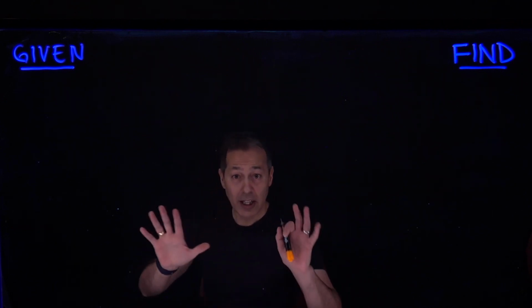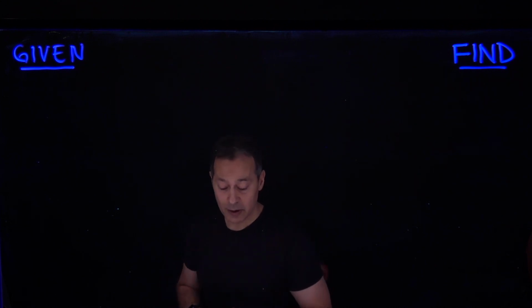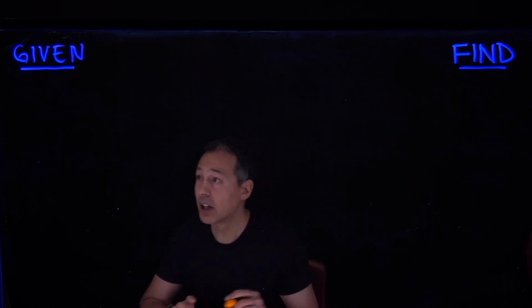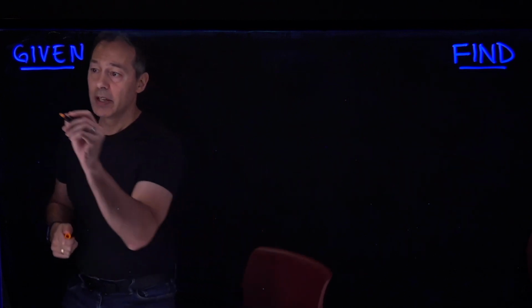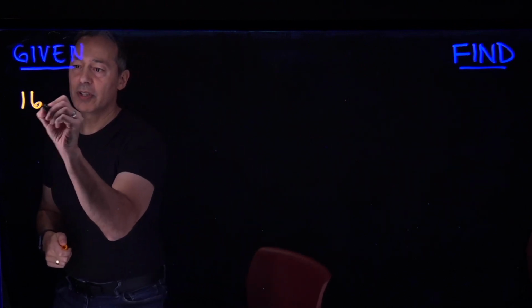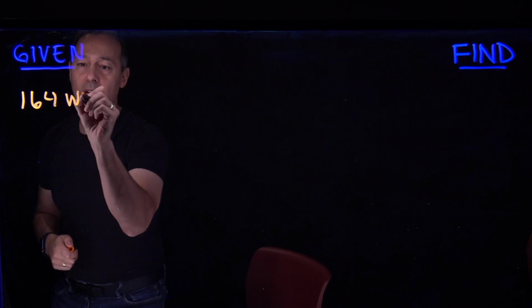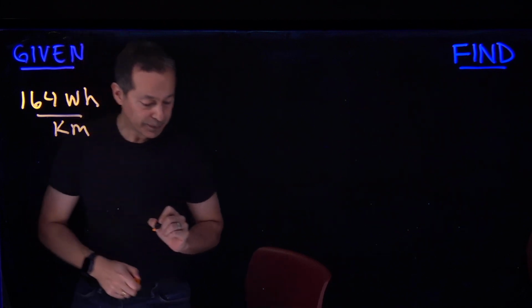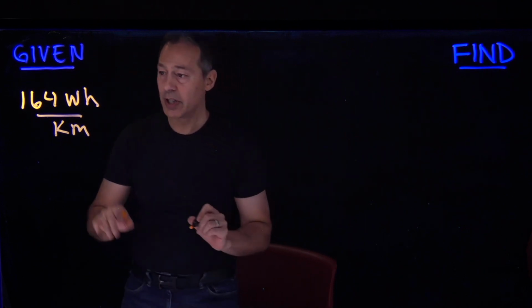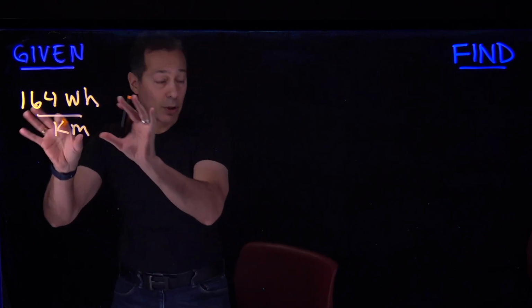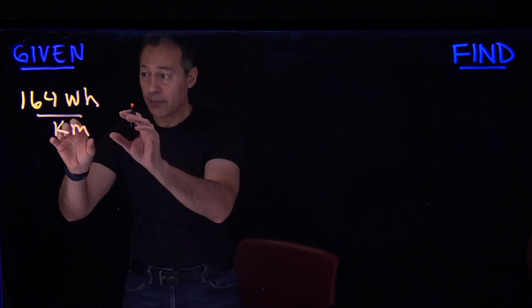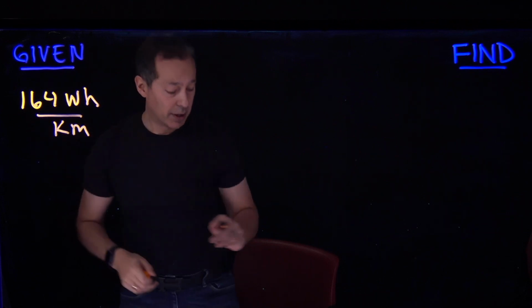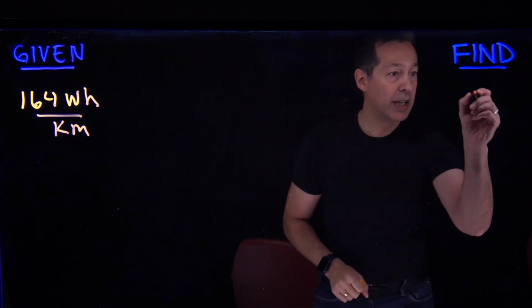So an electric vehicle, Model Tesla Y, gets 164 watt hours per kilometer. So given here is going to be 164 watt hours per kilometer. And our conversion here, okay, we're going to go from watt hours per kilometer to miles per gallon.